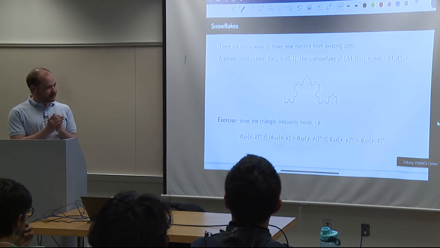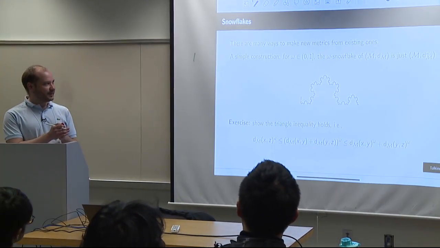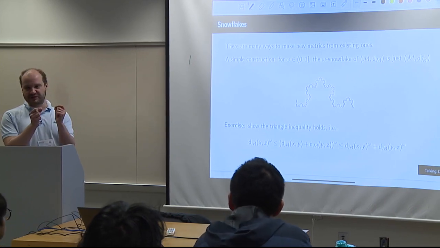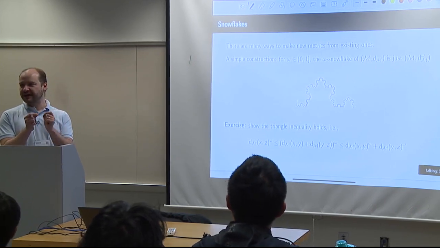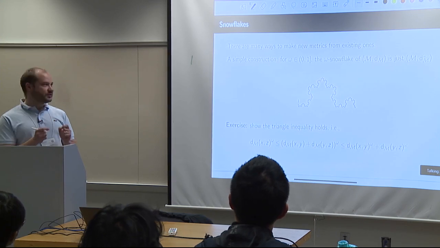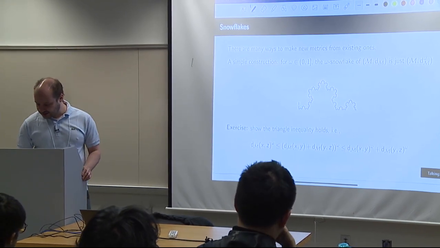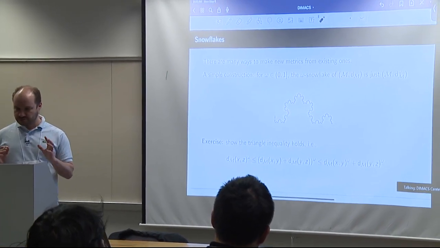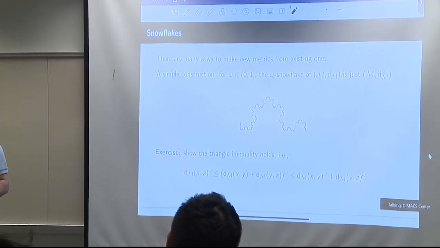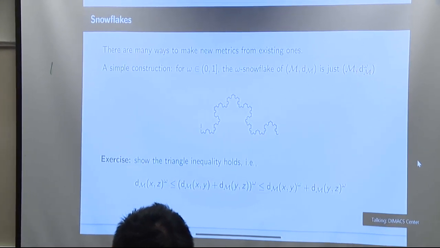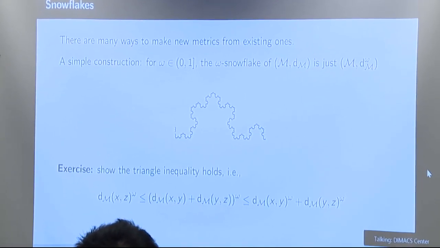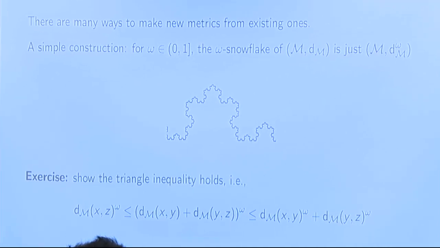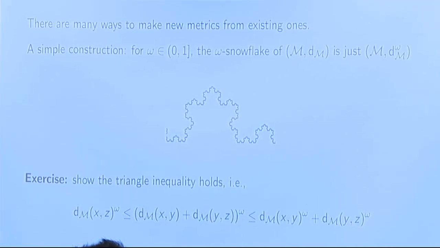Okay, so it turns out that if I take a metric and raise the distance function to some power between 0 and 1, I get another metric. So if I take a metric space M and take the same metric space on the same set, but I raise the distance function to the power omega for some omega between 0 and 1, then that also satisfies the triangle inequality and all the properties of a metric.